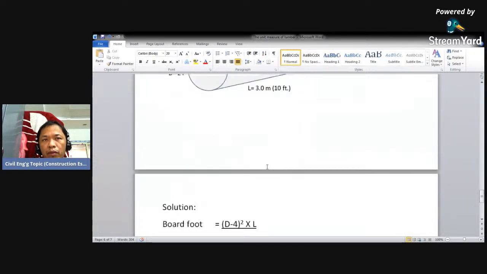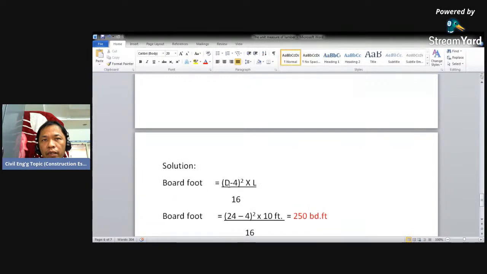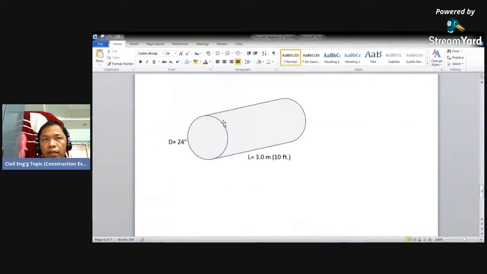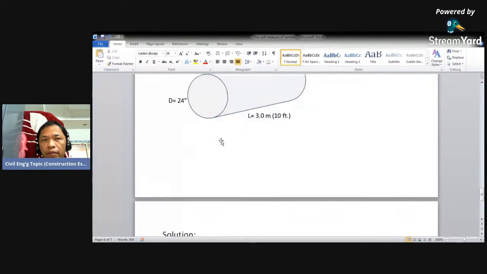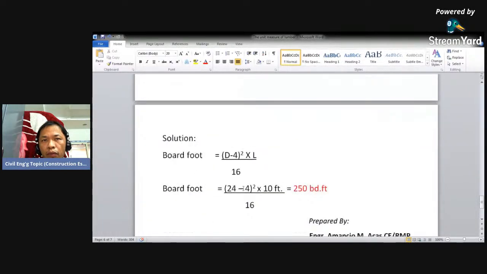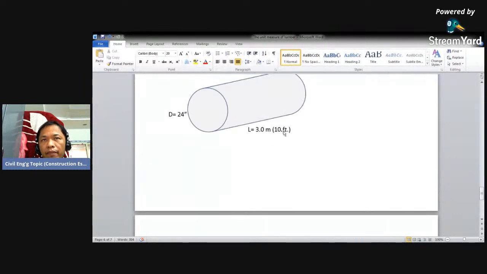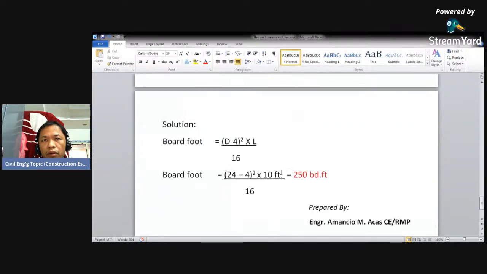Board foot is equal to D minus 4 squared times the length over 16. So the smaller diameter of the log is 24. So 24 minus 4 squared times the length, which is in feet, so times 10, divided by 16.